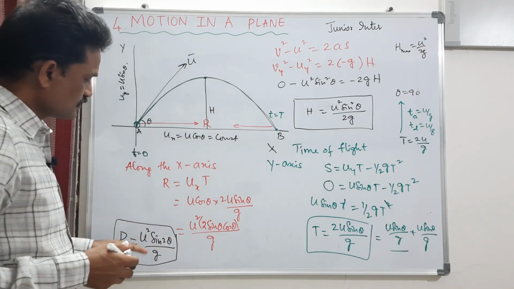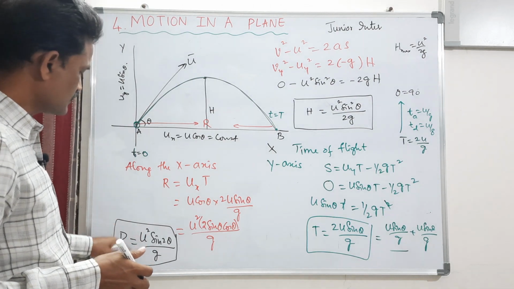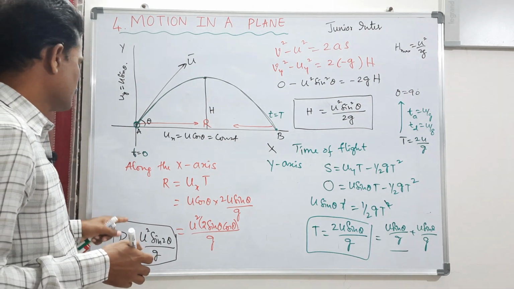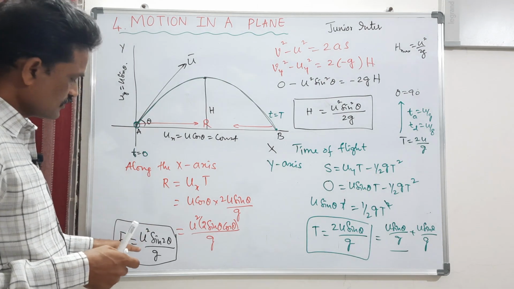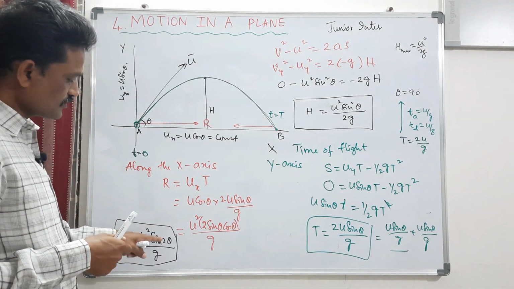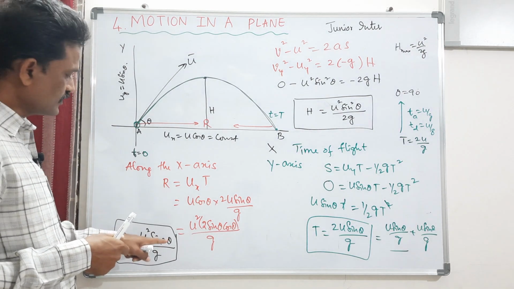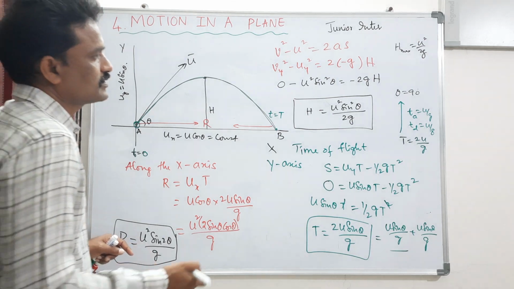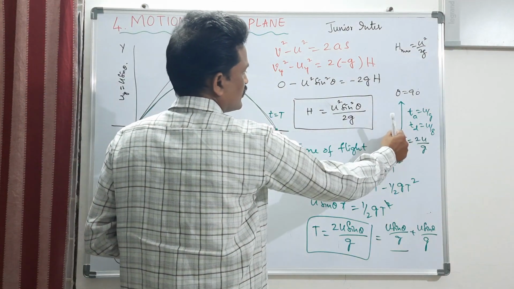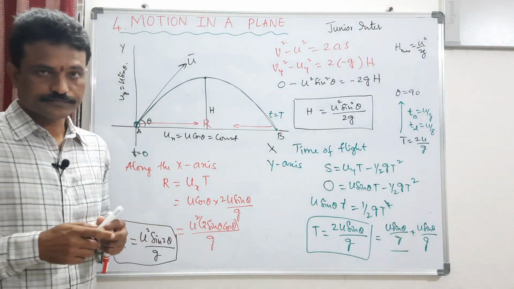Even here also, we can check our answer by substituting theta is equal to 90 degrees. When you substitute theta is equal to 90 degrees, this is sin 2 theta, the sin 180 is 0. So when you throw something vertically upwards, there will not be any displacement along the x-axis.